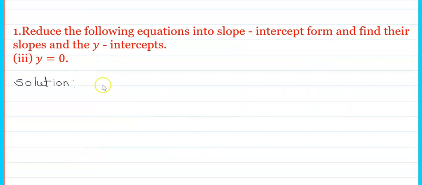Now the equation of the line is y = 0. In the slope-intercept form, y = 0x + c.